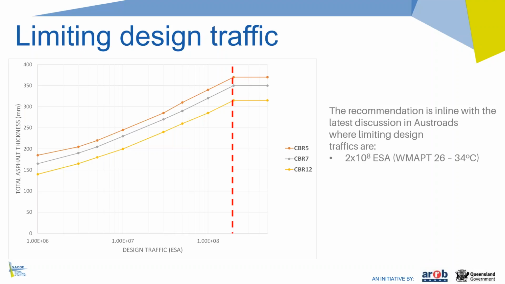This is a graph showing how the total asphalt thickness basically plateaus and levels off at 200 million ESA, and this limit is actually in line with the latest discussion in the Austroads TT2044, which is considering that at the temperature zone between 26 to 34 degrees, an upper cap of 200 million ESA is considered.